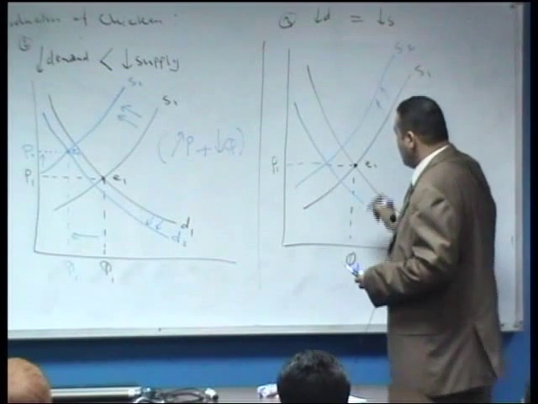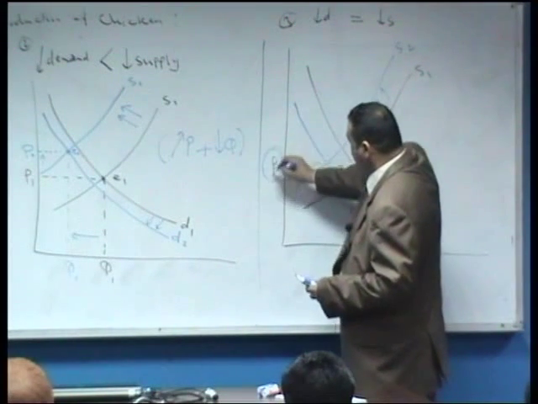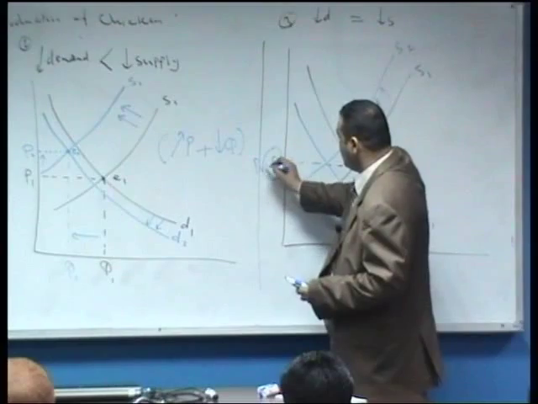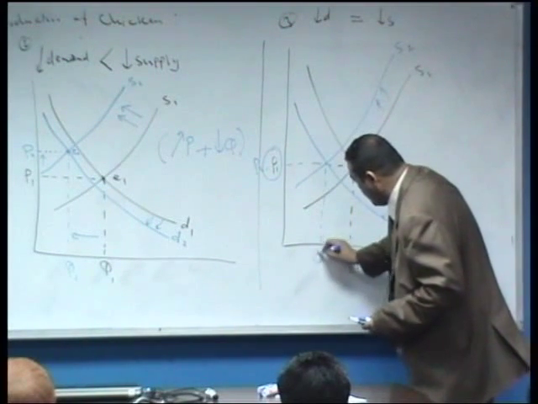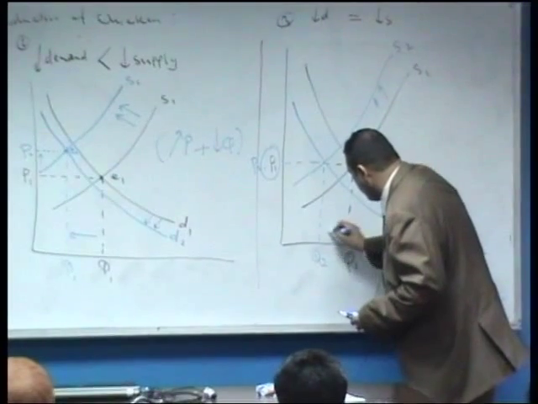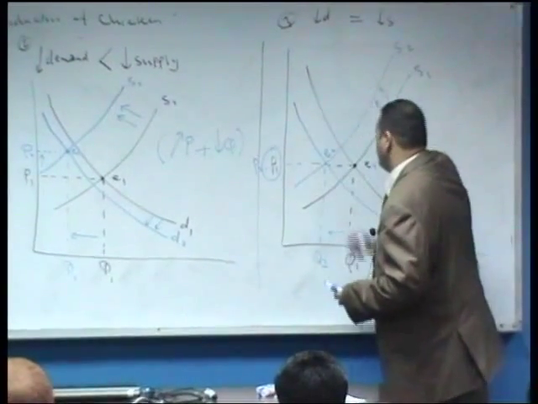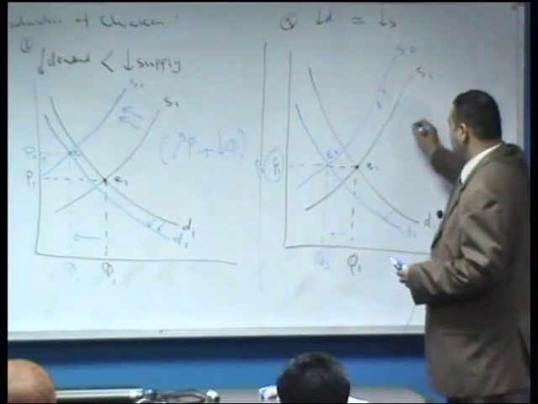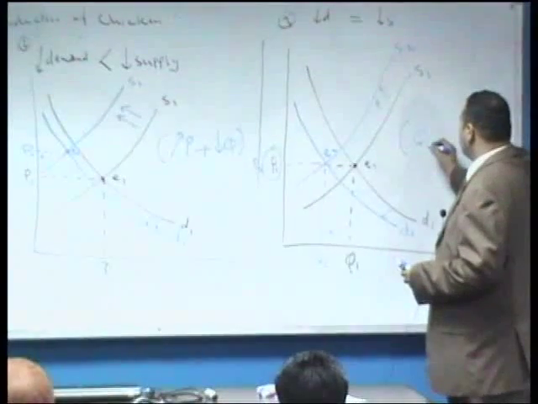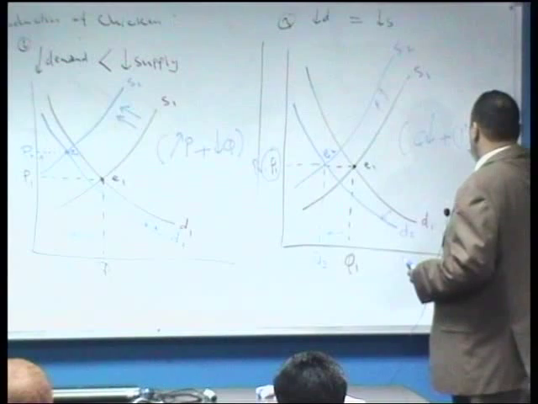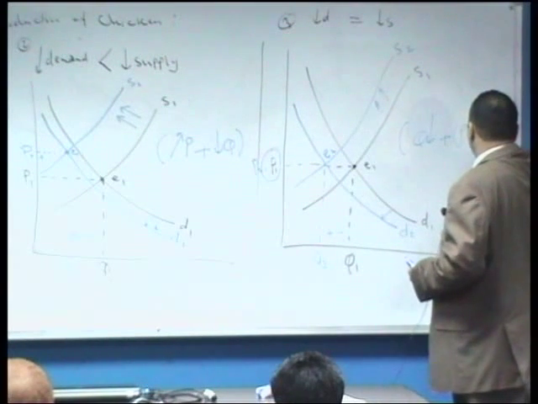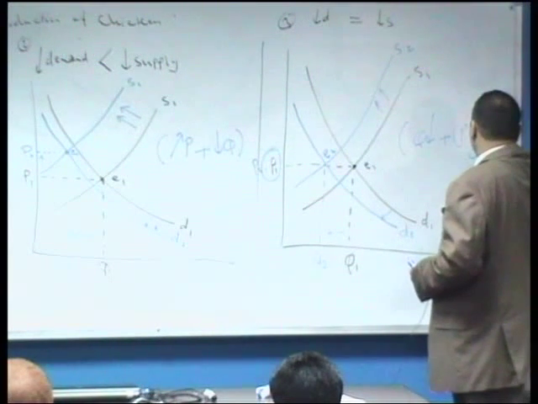As you see, the price is constant, P1 equals P2, and we have a declining in Q. So a quantity has declined, price has not changed, no change or constant.